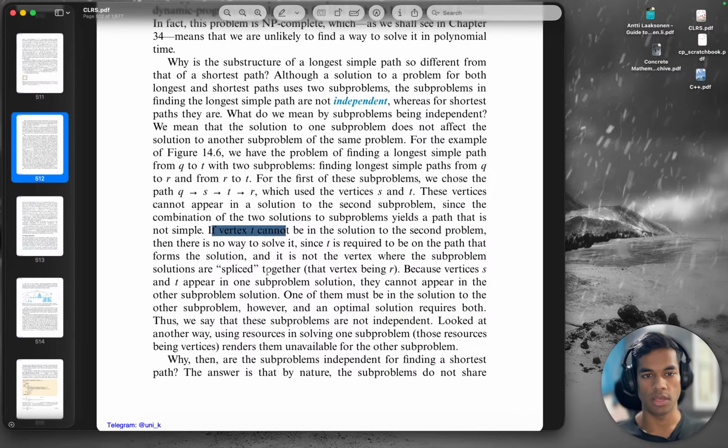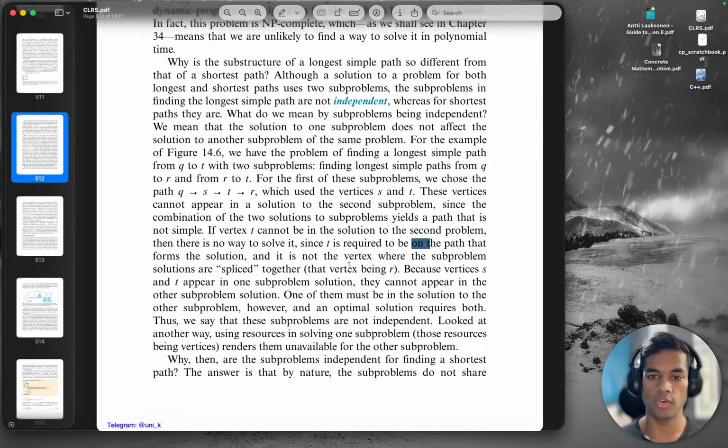If vertex T cannot be in the solution to the second subproblem, there is no way to solve it, since T is required to be on the path that forms the solution, and if we cannot have it on that path, then everything is messed up.